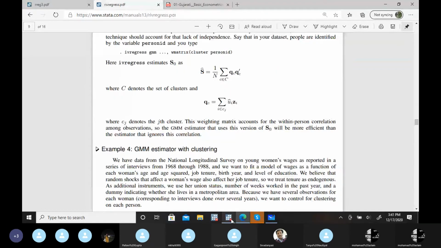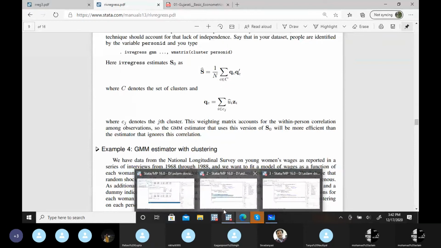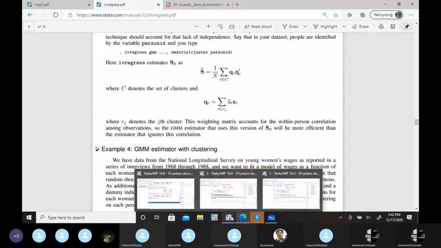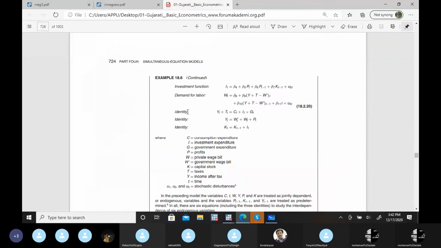This is also indicating one important thing that you have to always keep in mind: while we run the models, we specify this thing, right? In 2SLS, we specify which of the variables are endogenous.